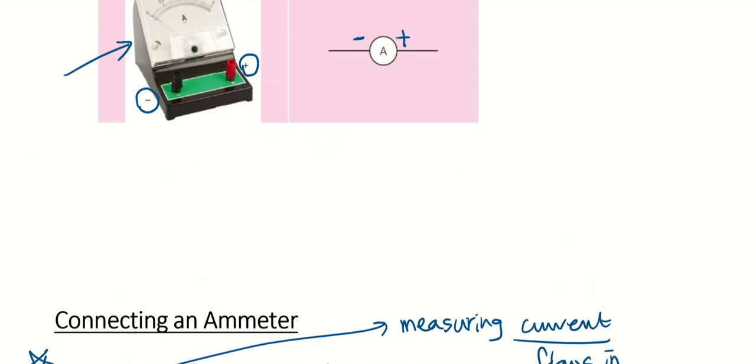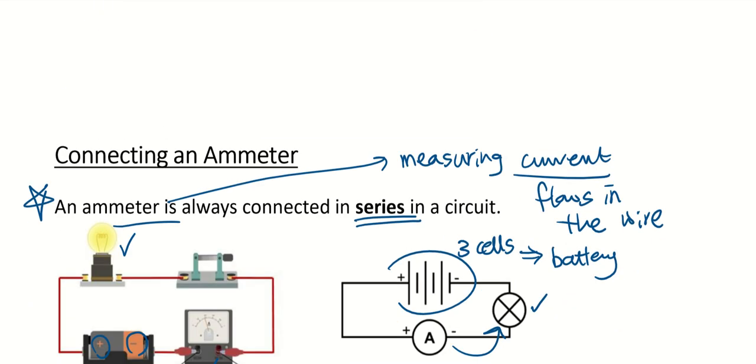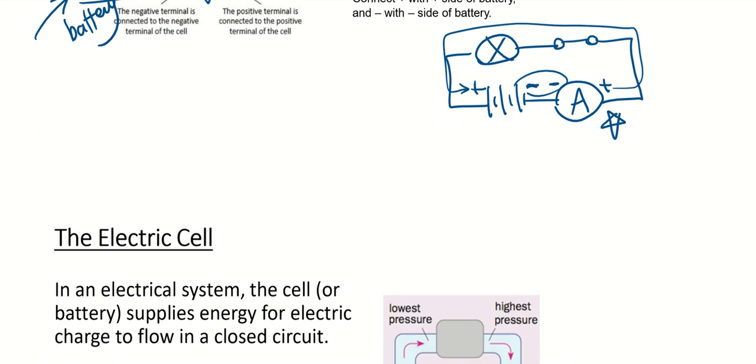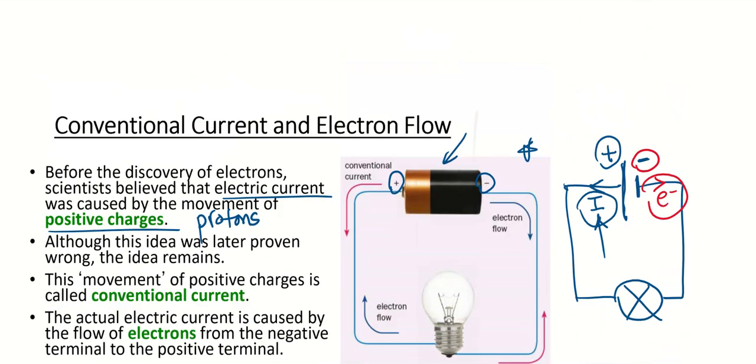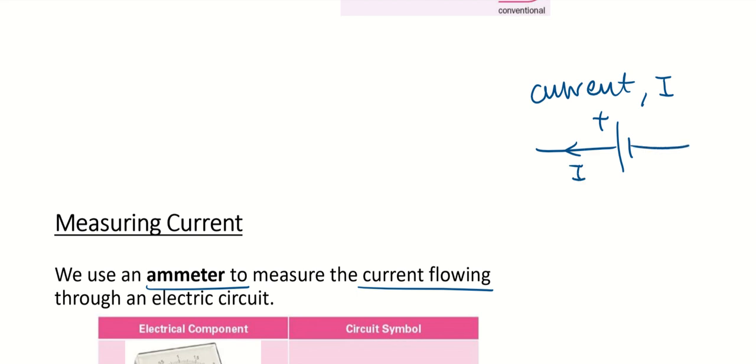Okay, before I go to electric cell, I would like to do a very quick recap of what we have learned about current. Current is represented by letter I. Current comes out from the positive terminal of the battery. How do we measure current?